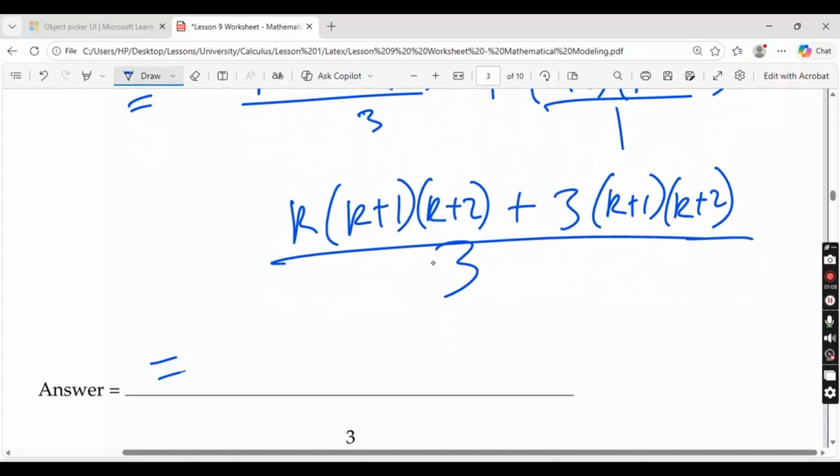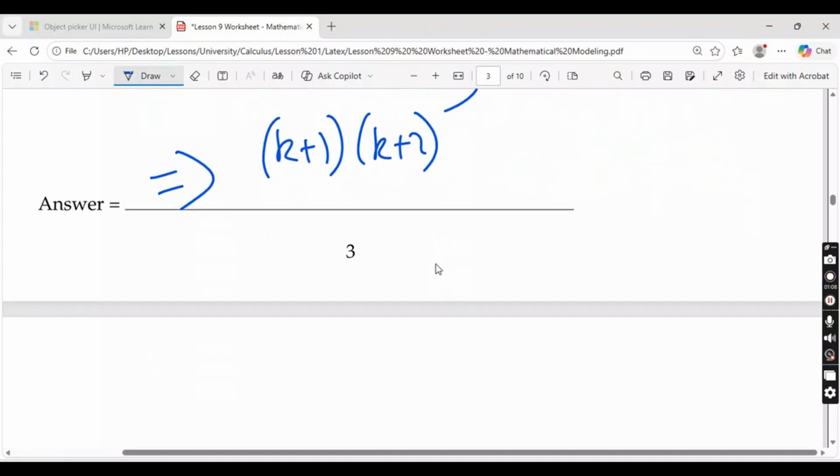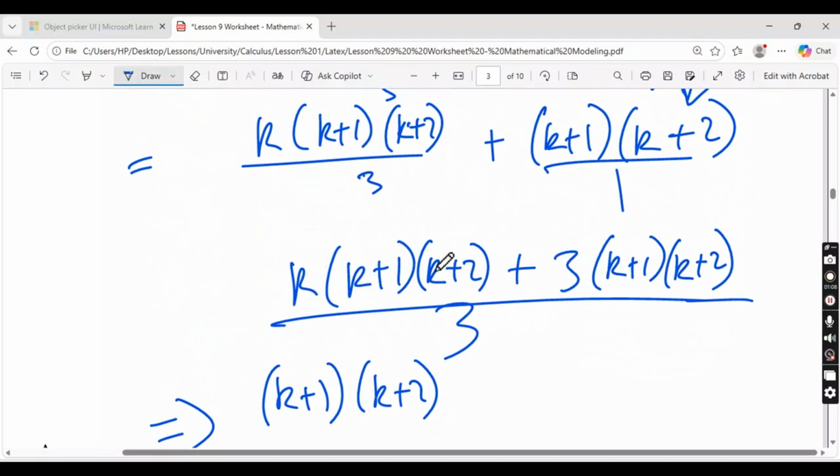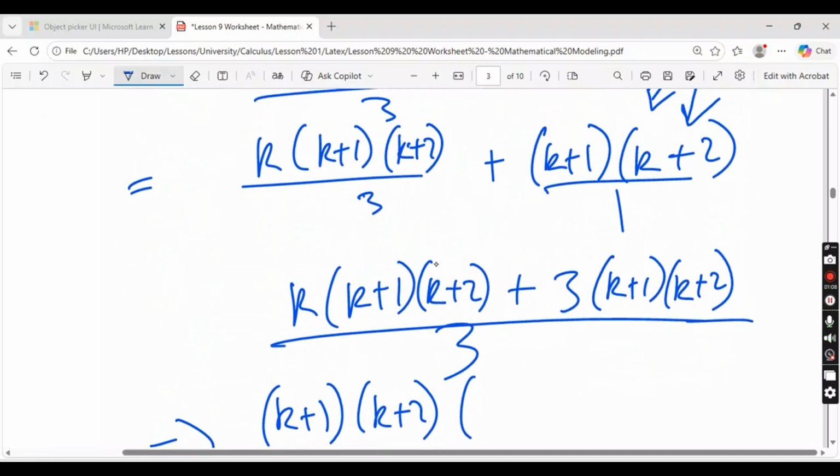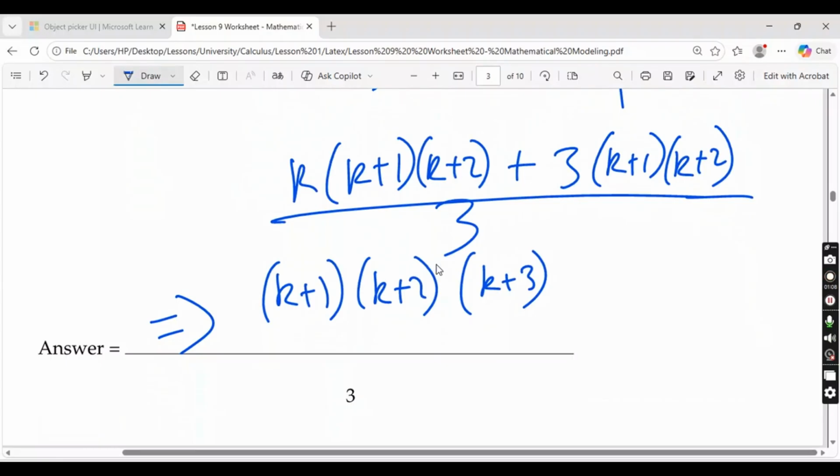So if we factor that out, what are we left with? k plus 3, k plus 3 over 3. Okay. Can we simplify this further or not? No. Then that would be our answer.